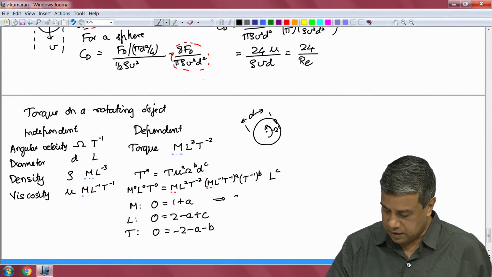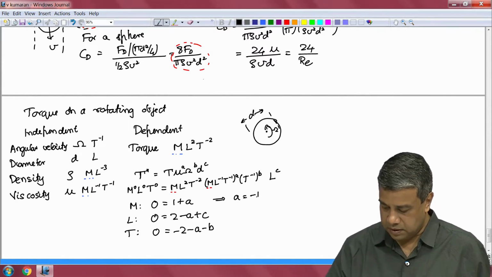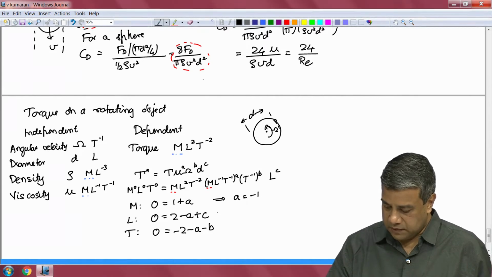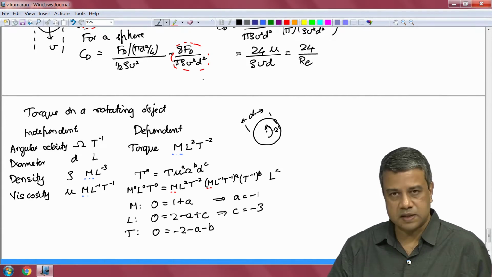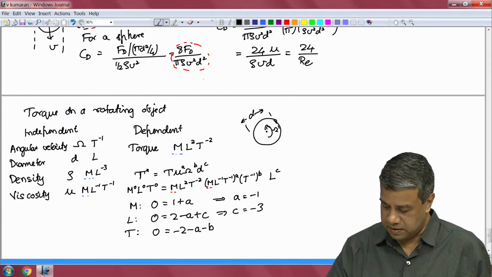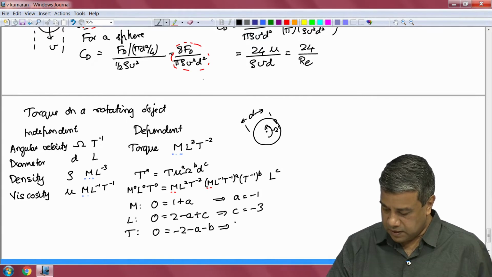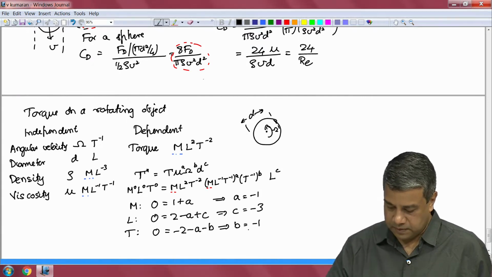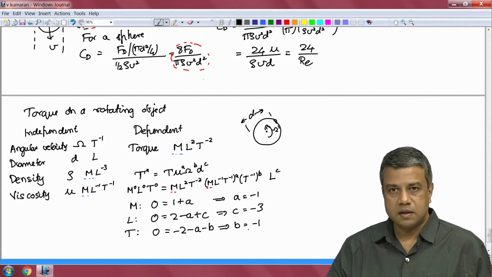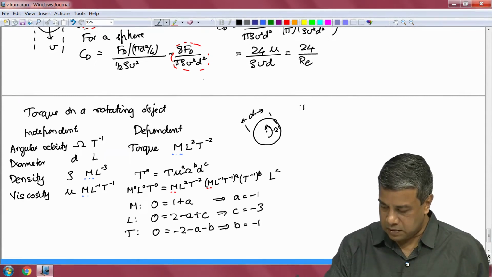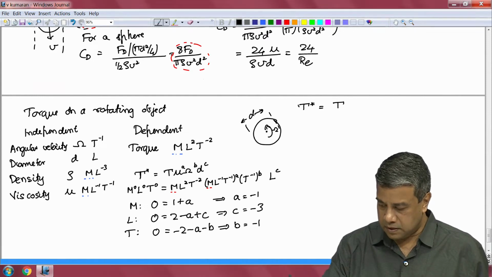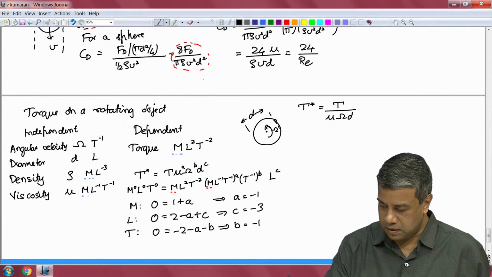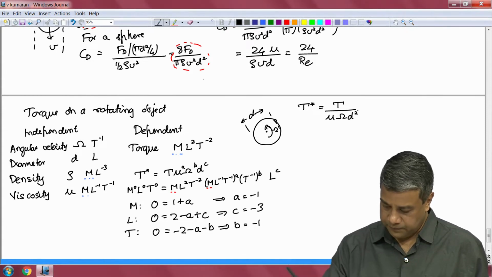This gives you that A equals minus 1. This will give us C equals minus 3, because 2 minus A is plus 3. So, C is equal to minus 3, and this will give us B equals minus 1. Therefore, the dimensionless torque is the ratio of the torque and mu omega d cubed.